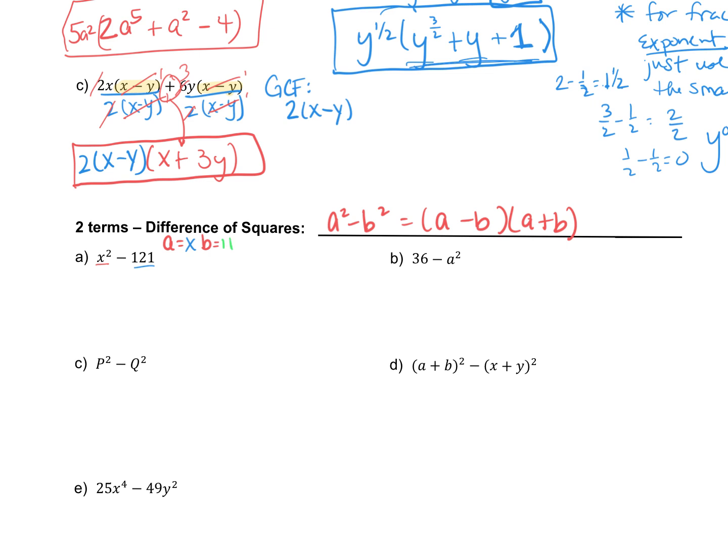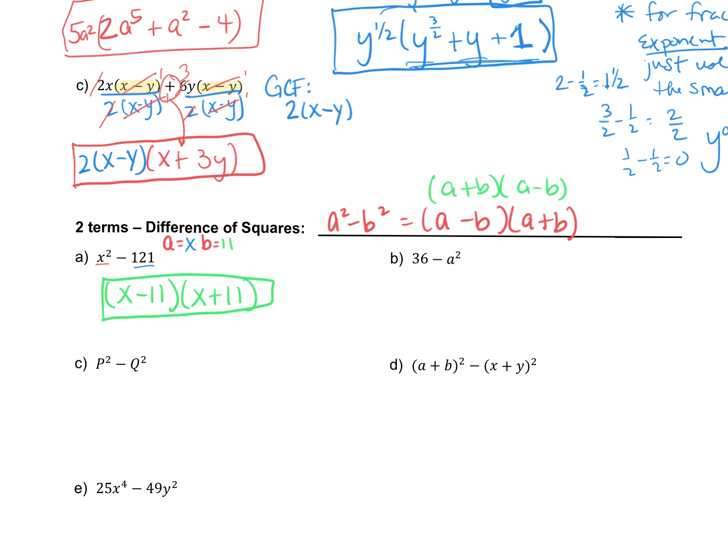Okay, so now I just have x minus 11. There's my a minus b. And then there's my x plus 11. And that's my a plus b. And just FYI, you can write it this way as well. It doesn't matter which one comes first because we're multiplying. Commutative property of multiplication. And there we have this.